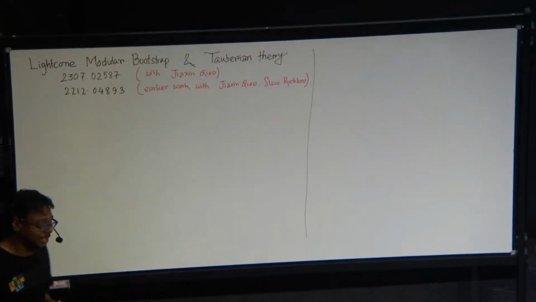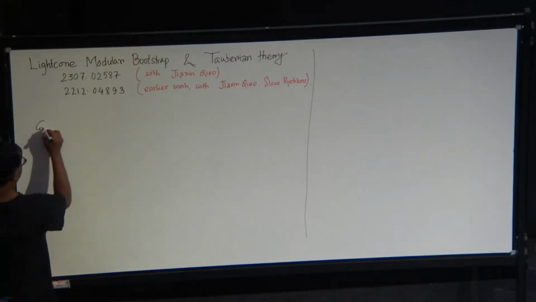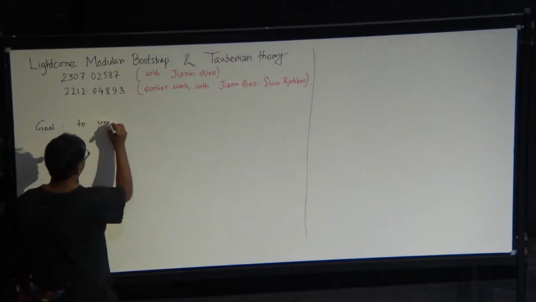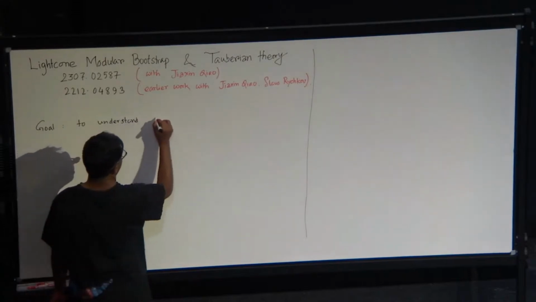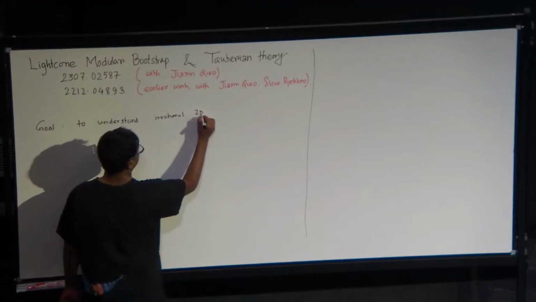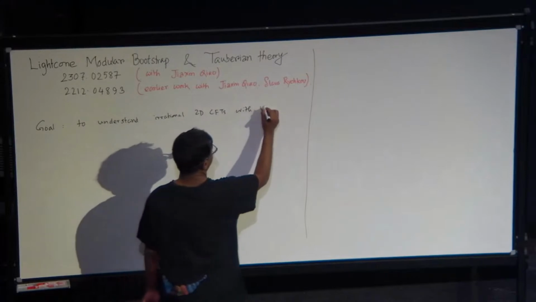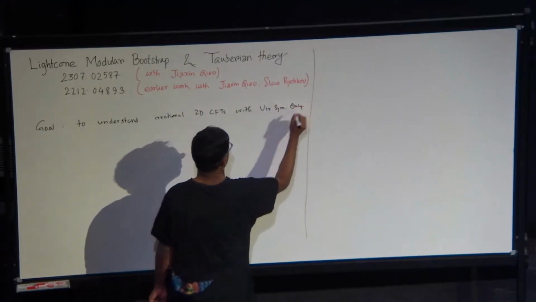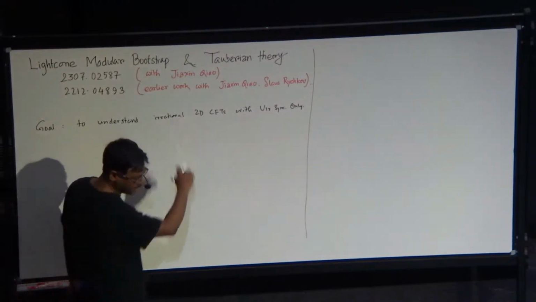So today the main goal, or the main premise of the talk, would be to understand irrational 2D CFTs with Virasoro symmetry only. What do I mean by irrational?